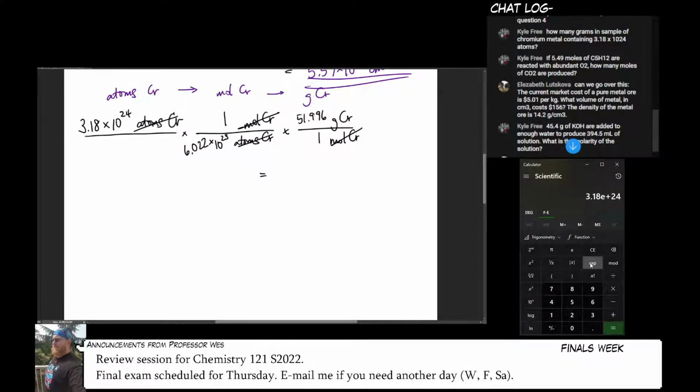And so we can type that in. Divided by Avogadro's number. And we get, we don't need exponent mode anymore, 274.57. And I should have 3 sig figs based on this first number. So 275 grams of chromium.